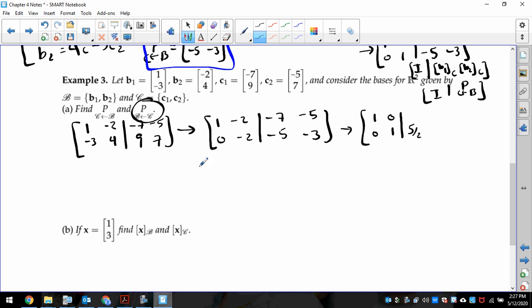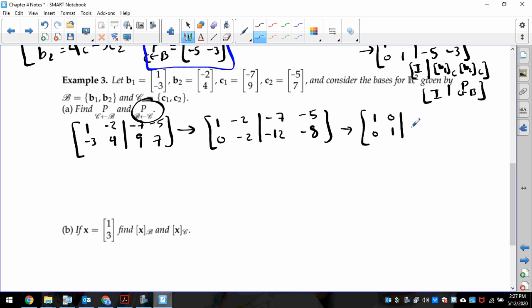Did I do something wrong? 1, 2, 3. Oh, 21. I did do something wrong. So let's see. I'm subtracting 21 from the 9, so that's going to take me down to -12. And then this one's going to be 15 and 7, so that's a -8. Okay, there we go, that's better.